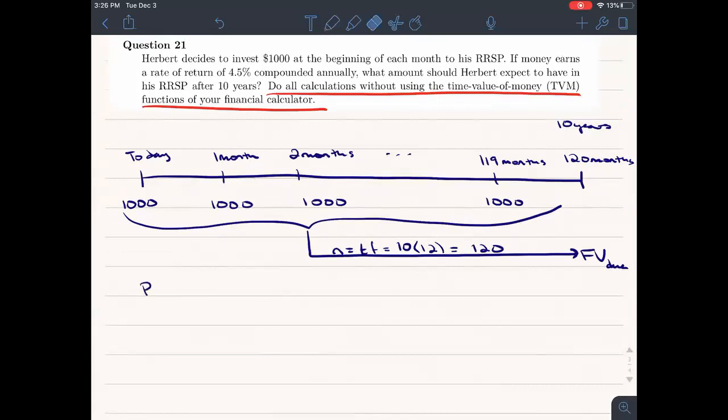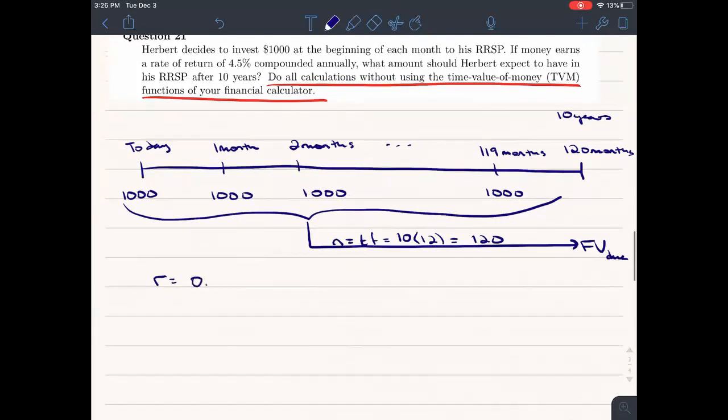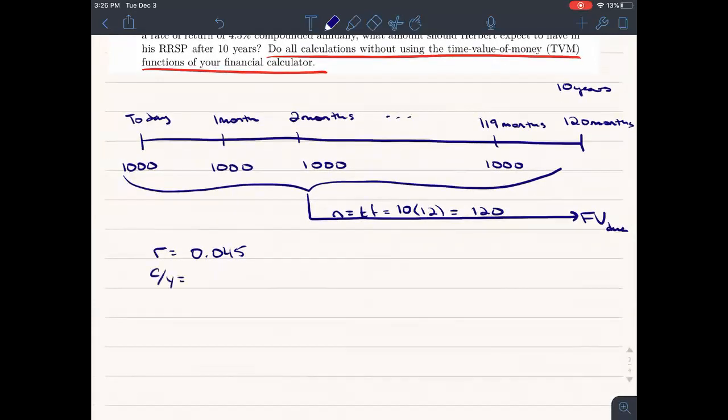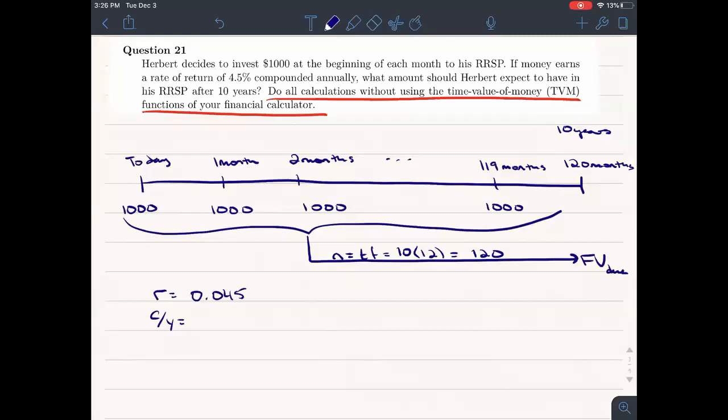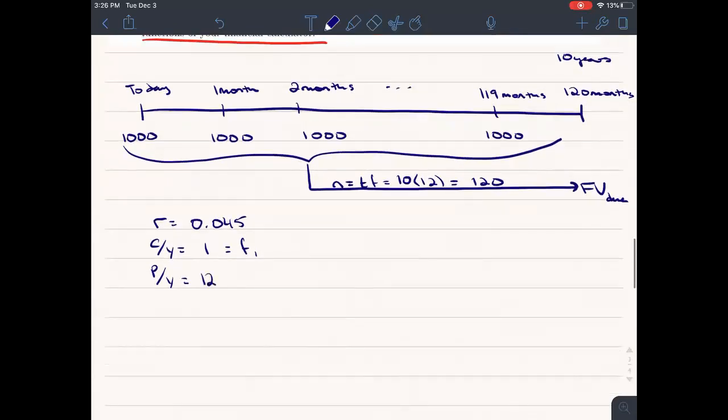So now we know our rate is 0.045 and our compounding per year is annually. This is going to be our F1, that's our initial compounding frequency, and our payments per year is 12, which is our F2.